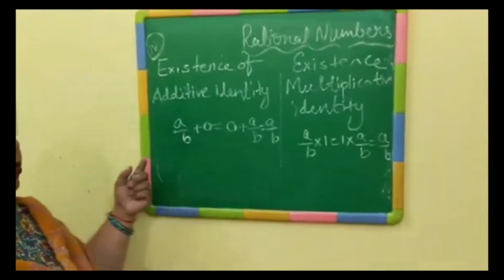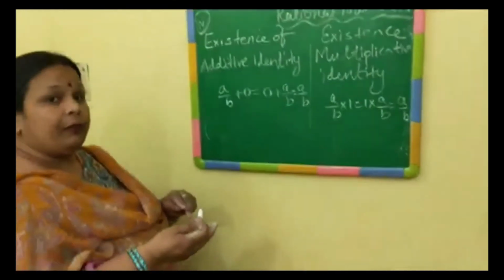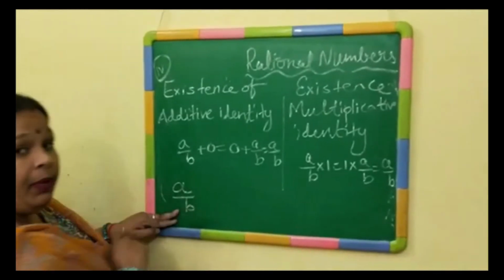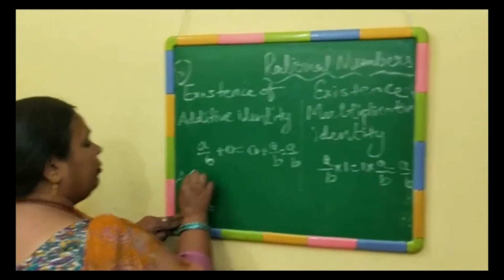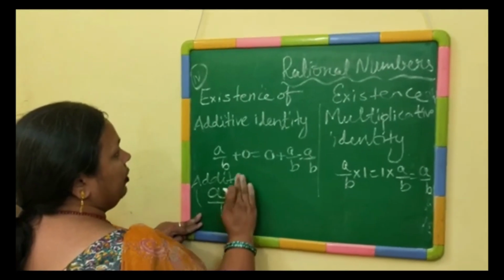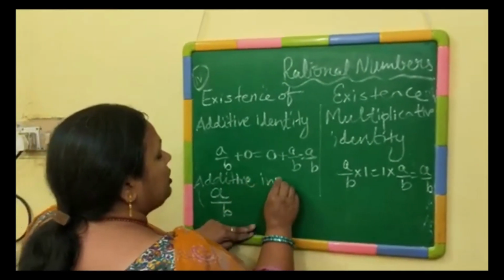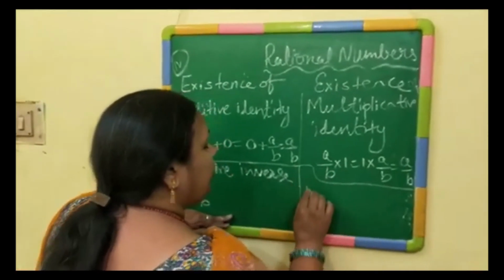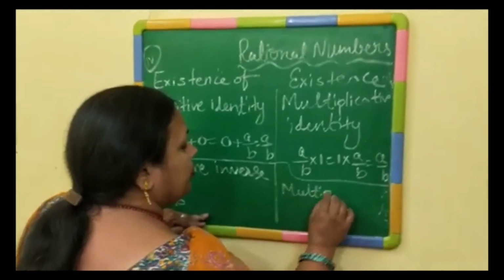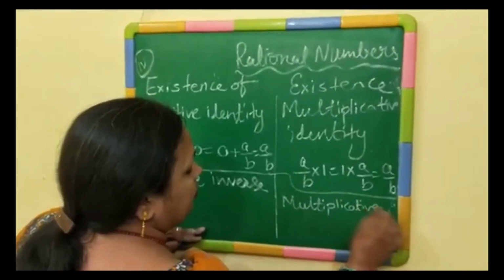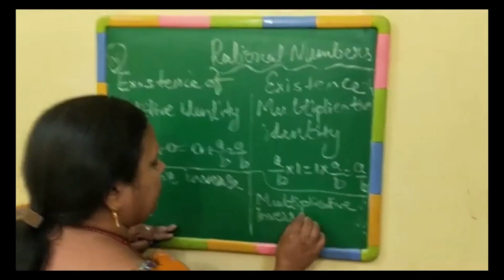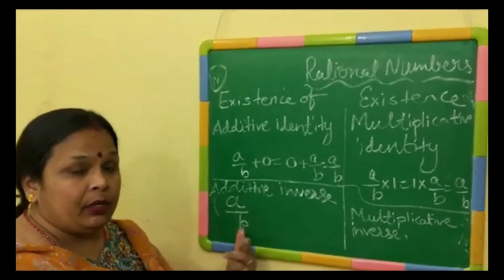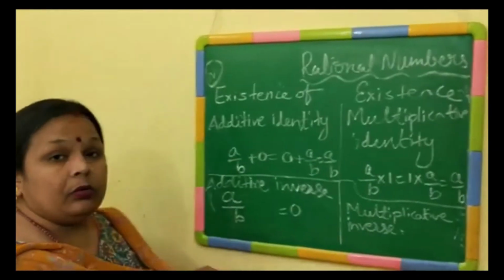Now, one more thing to tell about the inverse. What is the additive inverse? When a by b is a rational number, we are talking about the additive inverse. Similarly, we will be talking about the multiplicative inverse. For the additive inverse, what can be added to this number so as to get 0?